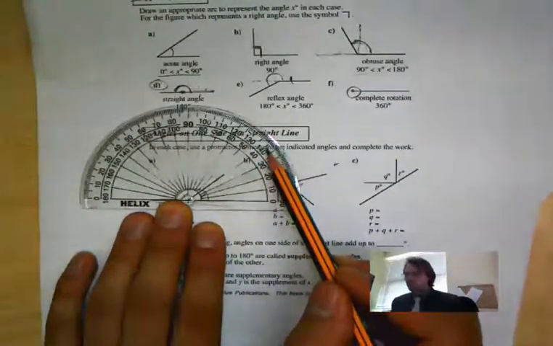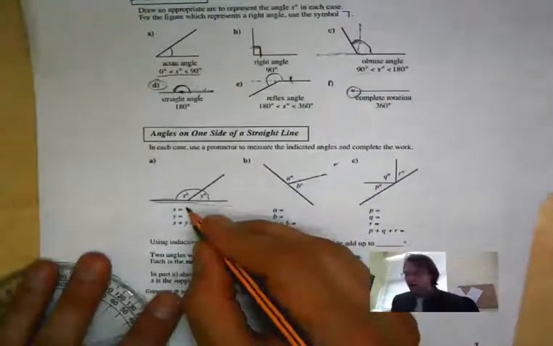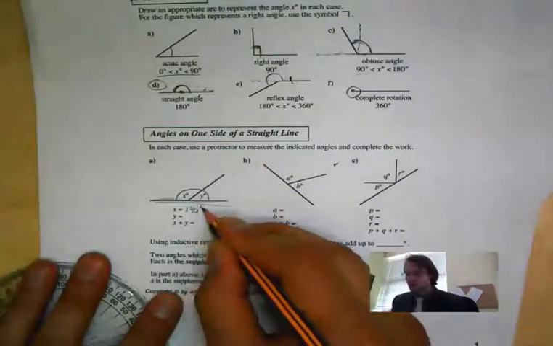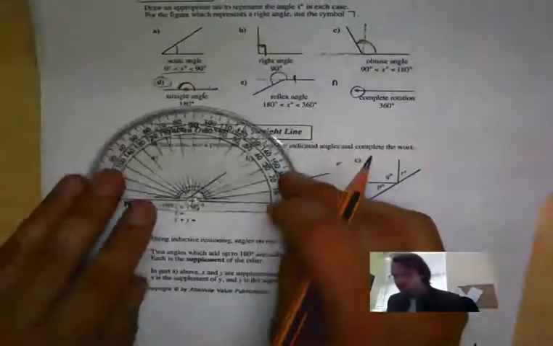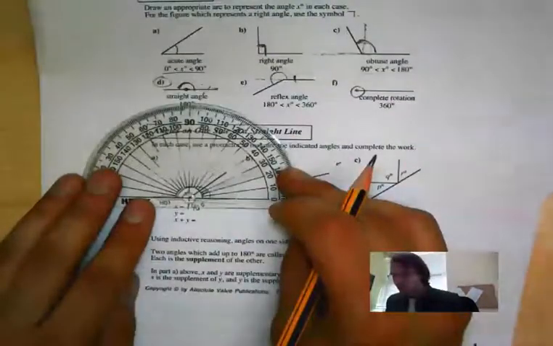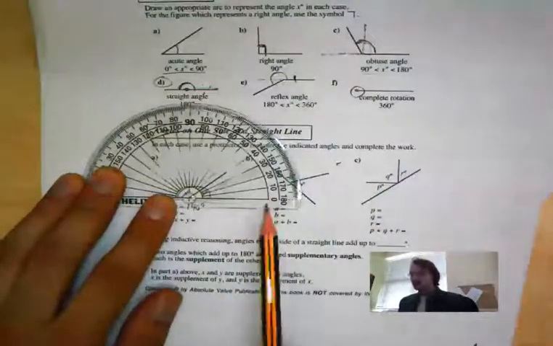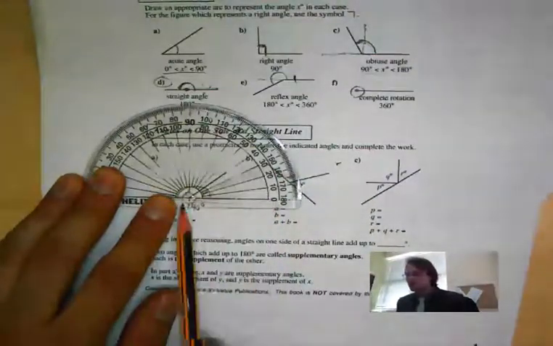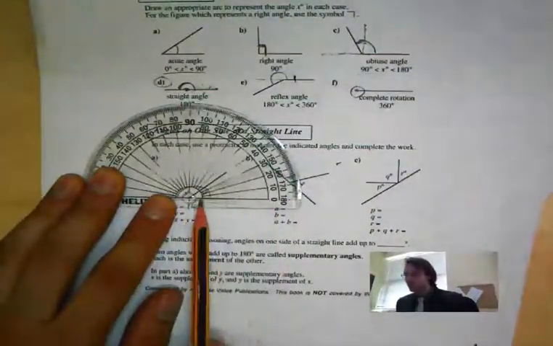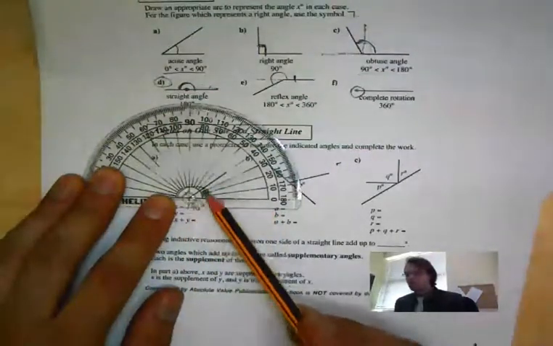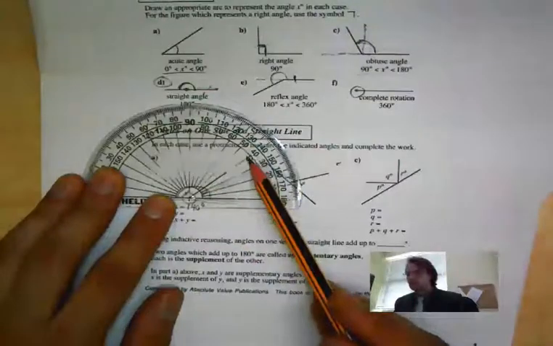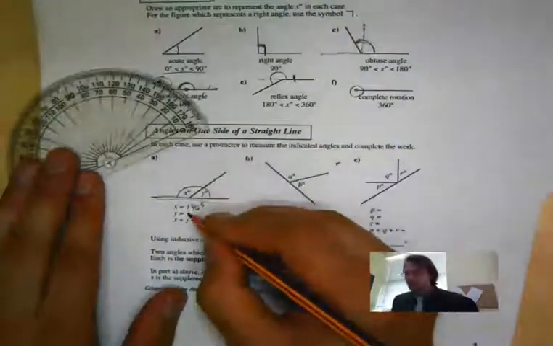So X is an angle of 140 degrees. Okay? So let's try Y. Protractor, we're going to go all the way to Y. Now Y, 0 this time, is on the inside. Notice how my bottom line, my 0 line, always lines up with a line. 0 is on the inside, so I'm going to follow this. We're going with the inside number, which is 40 degrees. So Y is 40 degrees.